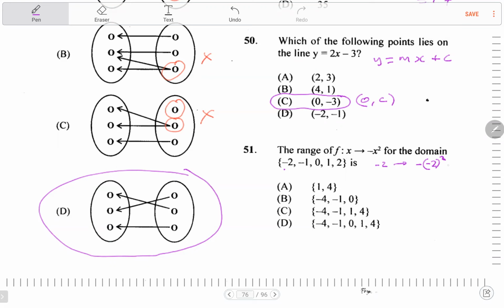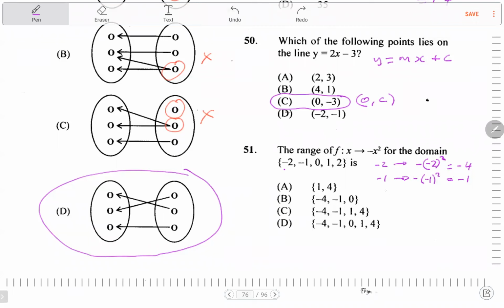So this is going to become negative 4. Then the negative 1 is going to make it minus 1 squared, which is going to become negative 1, because this is going to become 1. This minus comes back here, right? Let's continue.